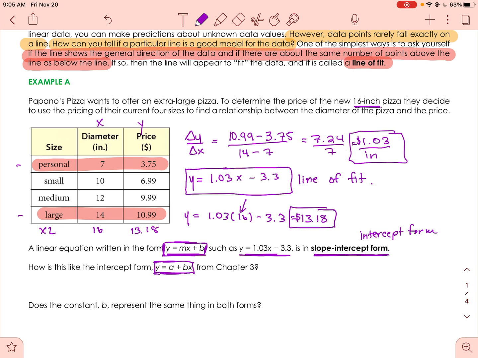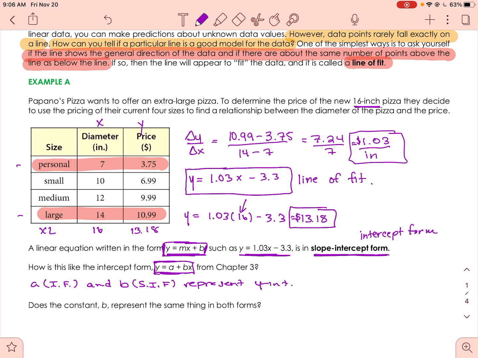How is intercept form like this? Well, let's clarify this. A, in intercept form, and b, in slope-intercept form, represent the y-intercept.